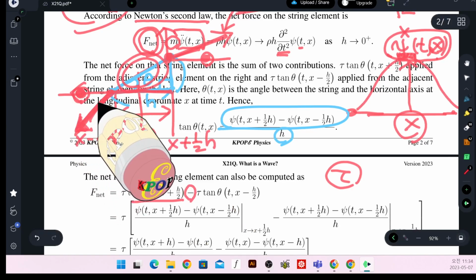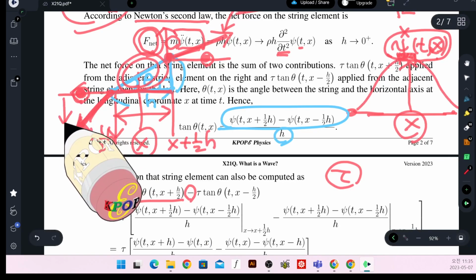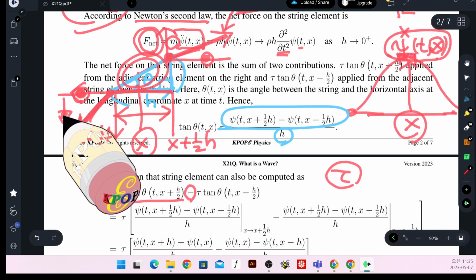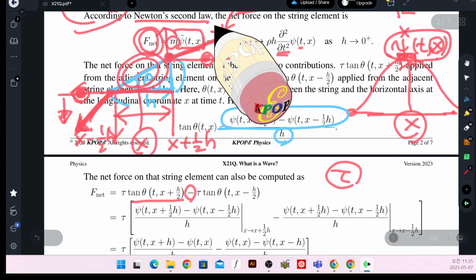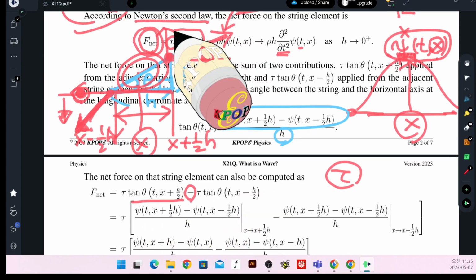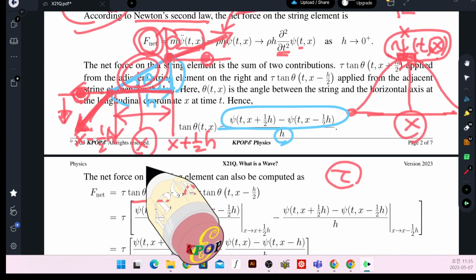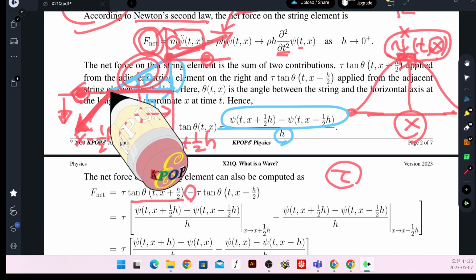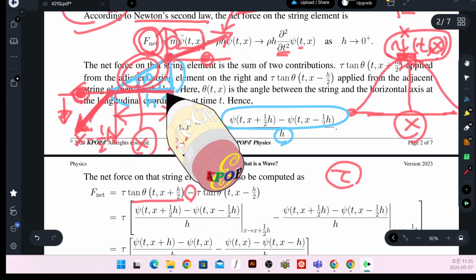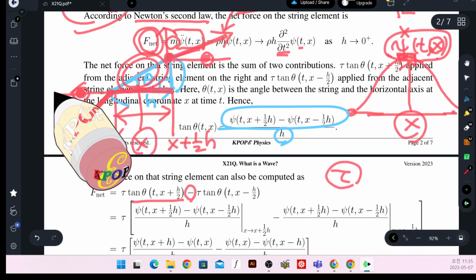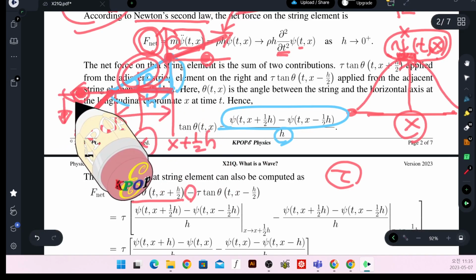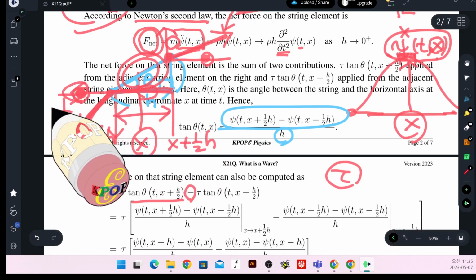We see the applied direction is downward if the slope is going up as we go to the right. Therefore, this is the net force along the vertical direction, and in the horizontal direction, they cancel almost exactly because the horizontal component is assumed to be tau, and they cancel. Okay?